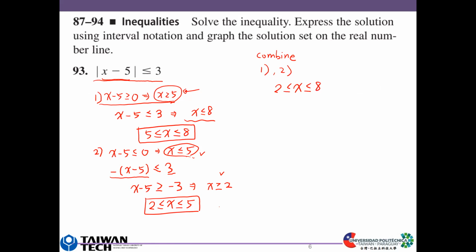In interval notation, because the points 2 and 8 are included in the solution, we use brackets: [2, 8]. To graph the solution, you draw a line and mark 2 and mark 8. Because these two points are included, they are solid circles. The segment between 2 and 8 is the solution.